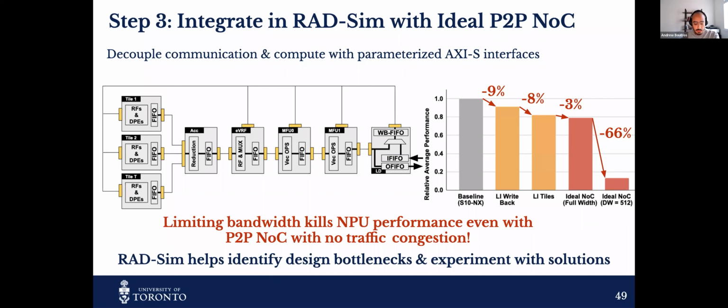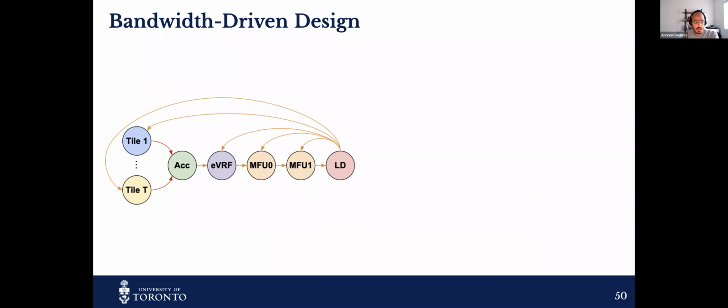And basically what I want to show in the next few slides is that RAD-Sim will help us identify the design bottlenecks and quickly experiment with solutions for those bottlenecks and evaluate the effect of those changes on end-to-end performance. So once we got this result of the performance falling off the cliff because of bandwidth, we started looking at the NPU from an application perspective.